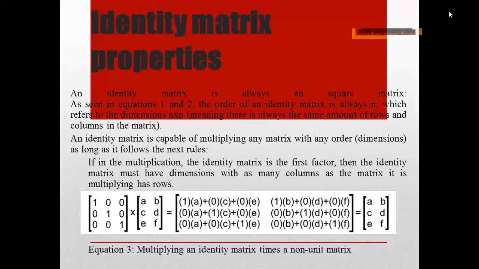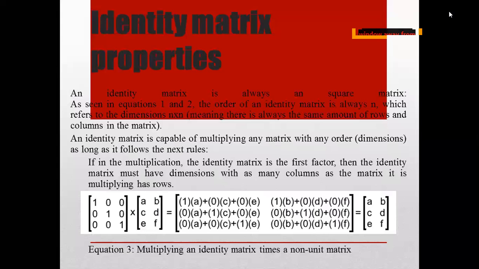So 1 multiplied by A plus 0 multiplied by C plus 0 multiplied by E. Then 1 multiplied by B plus 0 multiplied by D plus 0 multiplied by F. Then 0 multiplied by A plus 1 multiplied by C plus 0 multiplied by E, then 0 multiplied by B plus 1 multiplied by D plus 0 multiplied by F. Like this, the first value in the resultant matrix is A, the second value is B, then C, D, E, F.